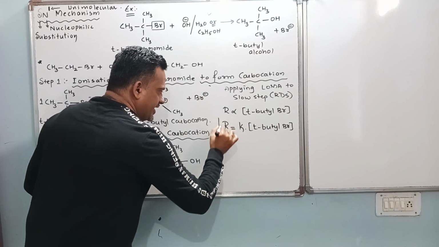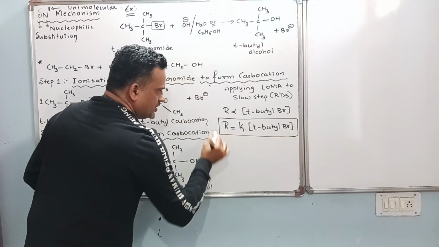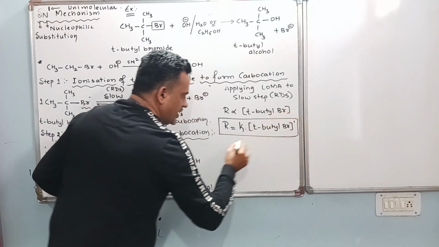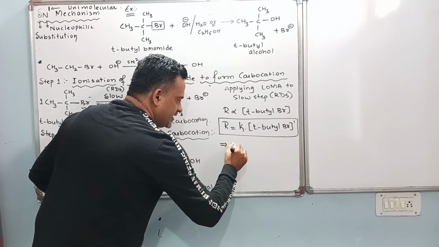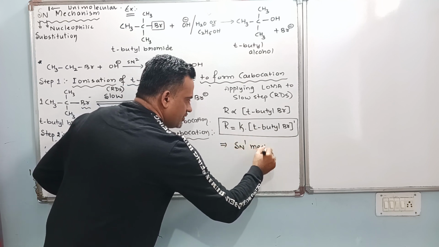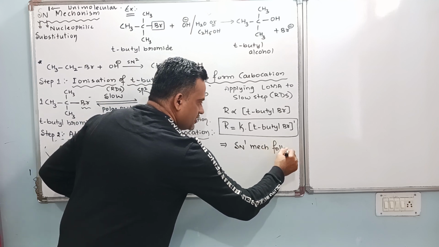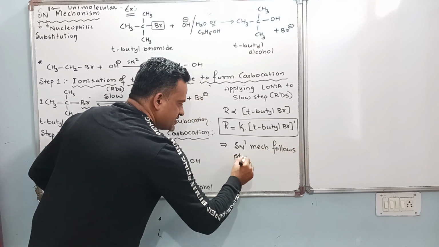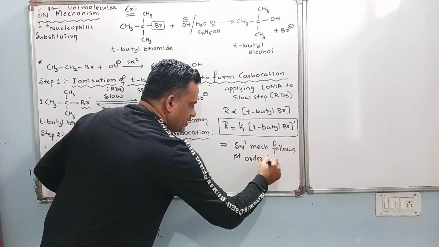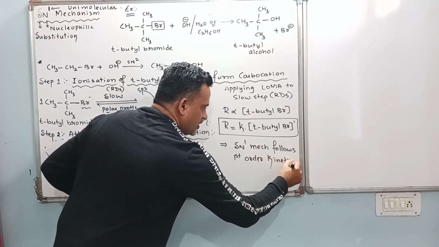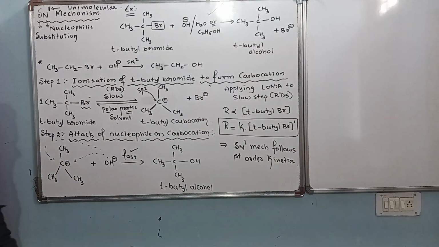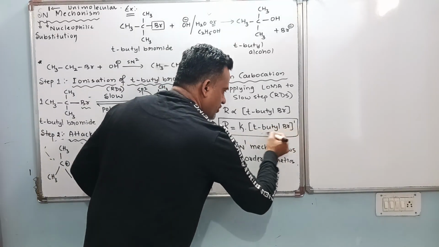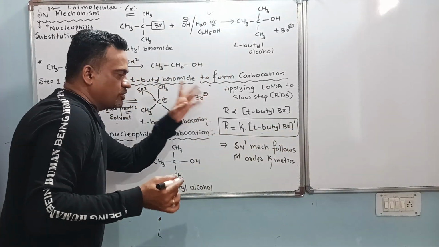So this clearly indicates that the power of tertiary butyl bromide is 1. This means that this particular Sn1 mechanism follows first order kinetics. First order kinetics means what? It only depends on one reactant. If you increase the concentration of tertiary butyl bromide, the rate of the reaction also increases.